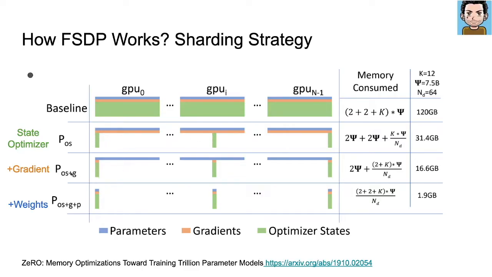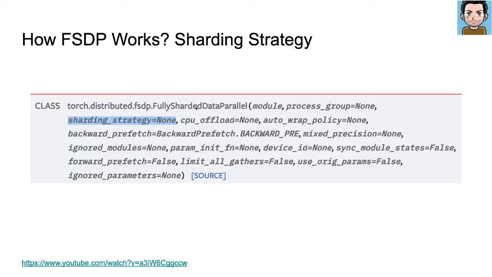The third and the fourth rows show other sharding strategies. For example, we can shard both the optimizer state and the gradient. When creating our FSDP model, we provide through the constructor what sharding strategy to use. Based on this parameter, we can shard the optimizer state only, or we can pick another sharding strategy and, for example, shard both the optimizer state and the gradient as well.